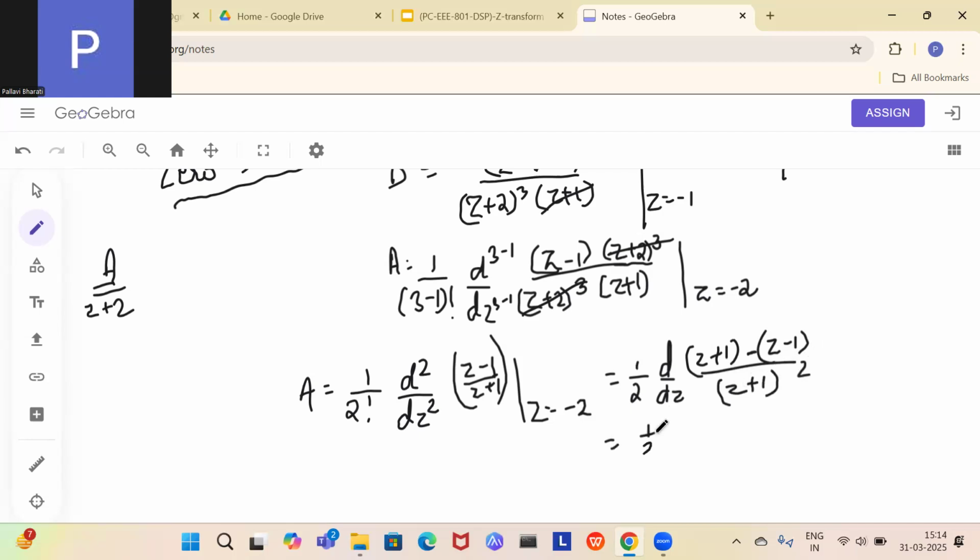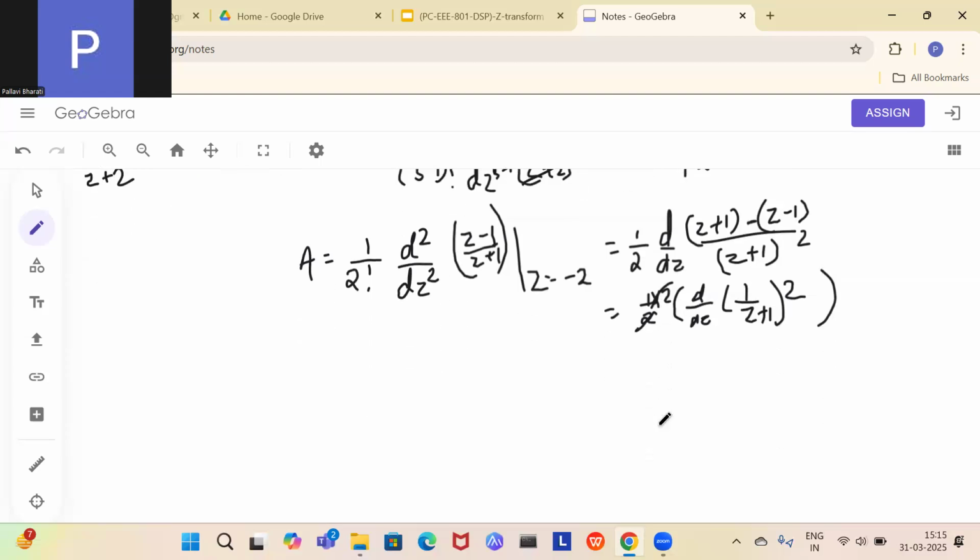Now this will be half, z minus z gets cancelled, plus 1, 2. So this is 2. Take it out, this 2. And then you have d by dz of 1 by z plus 1 whole square. So one more time you need to differentiate this part.